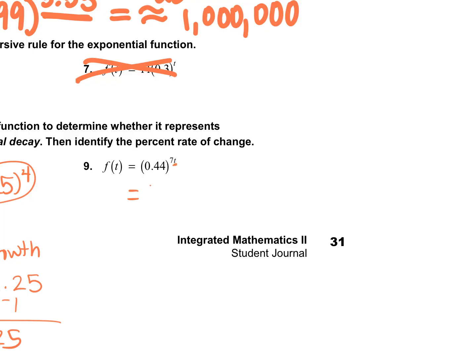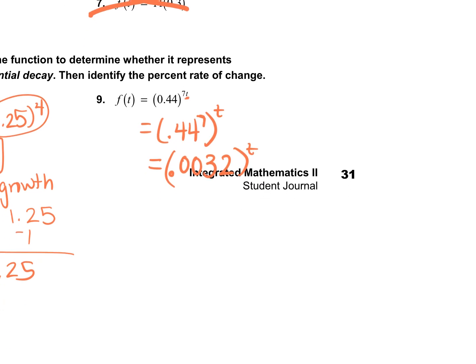We're going to take the variable and stick it on the outside for a second, because then that'll help us get some kind of a rate in here. So 0.44 to the 7th power is 0.0032 to the t power, and that's incredibly small, right?